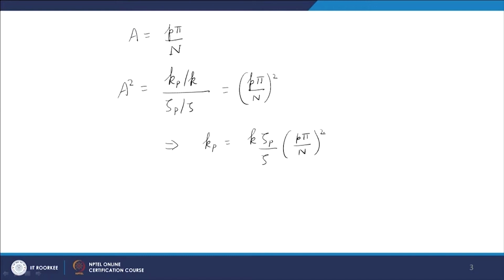Okay. So, we have found the k_p. The only thing is that the zeta_p is still to be found arbitrarily.